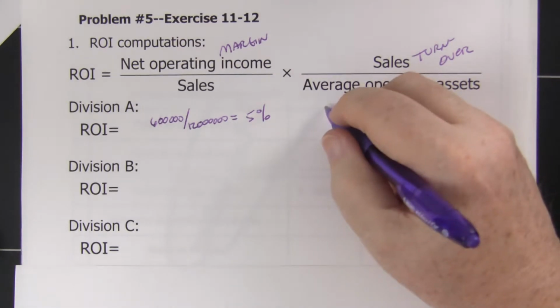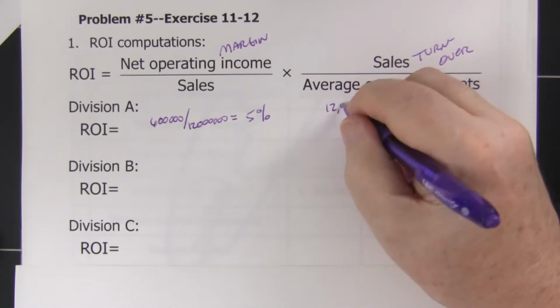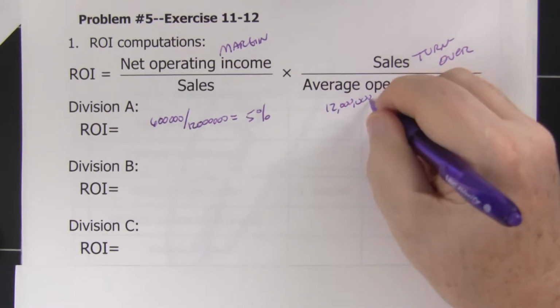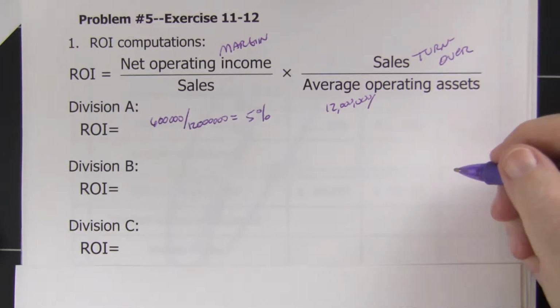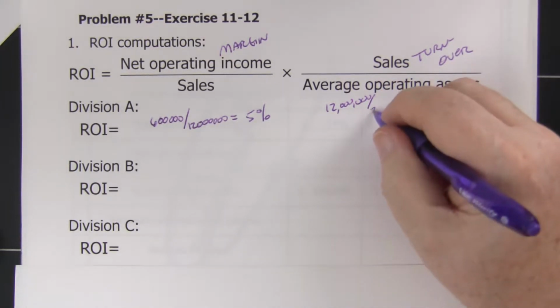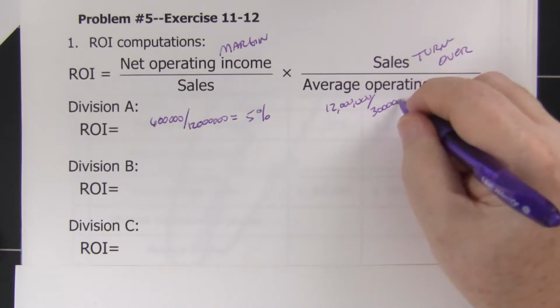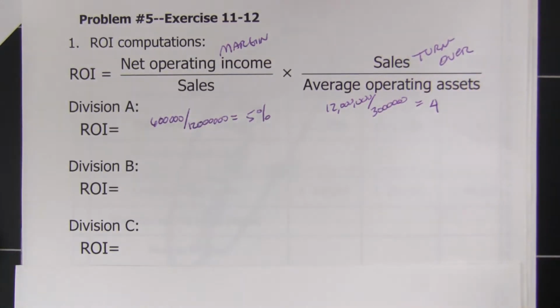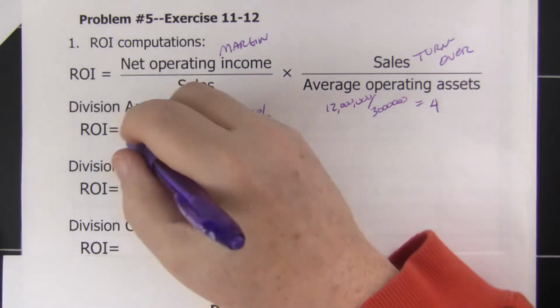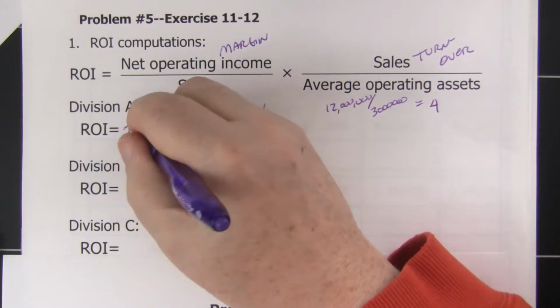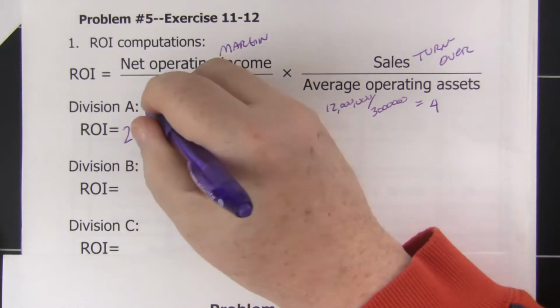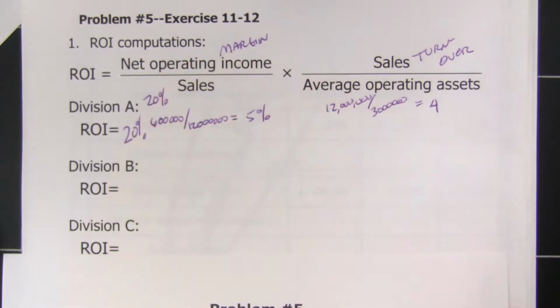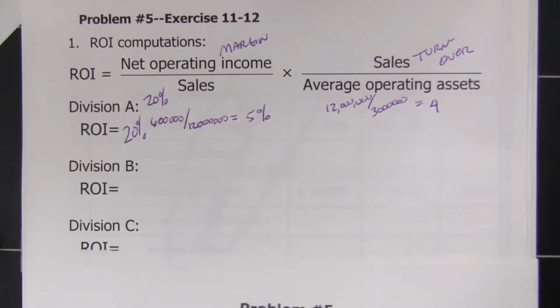Their average operating assets are $3 million. That gives them a turnover of 4. Margin times turnover is return on investment. So Division A is 20%.